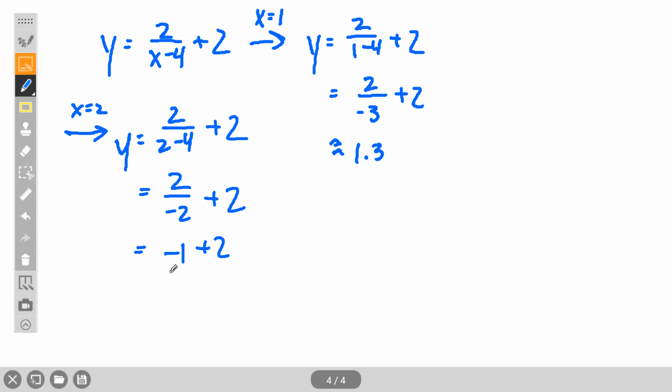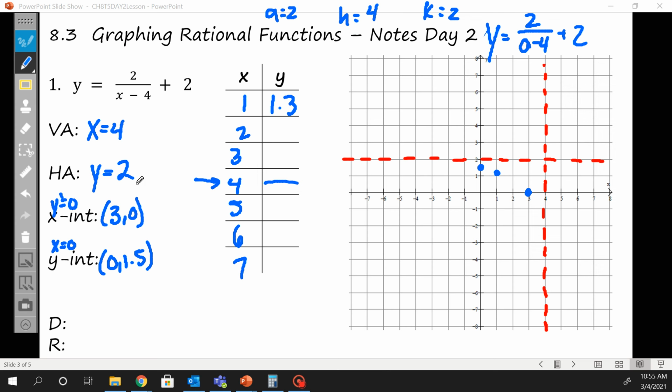Negative 1 plus 2, which is just 1. So my next point is (2, 1), which is right here. And then I already have 3. It's (3, 0). I already have that point there.